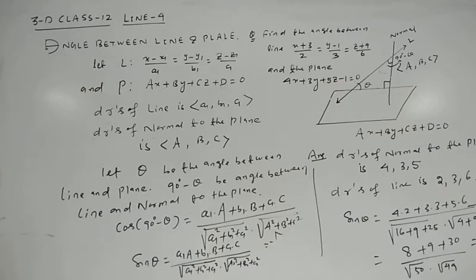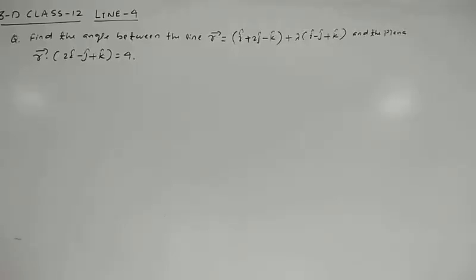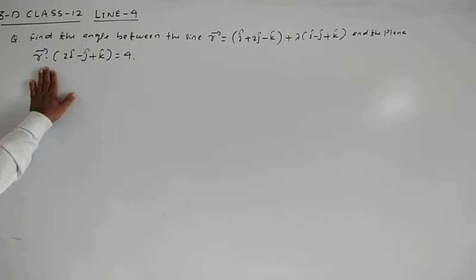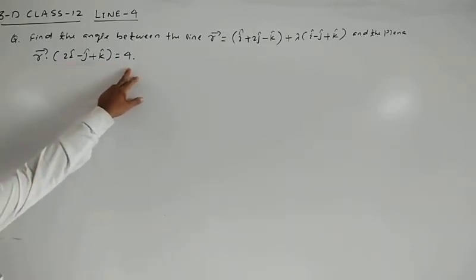Okay, now we do this problem. Find the angle between the line r vector is equal to i cap plus 2j cap minus k cap plus lambda into (i cap minus j cap plus k cap), and the plane r vector dot (2i cap minus j cap plus k cap) is equal to 4.